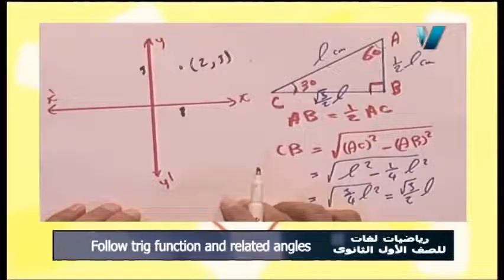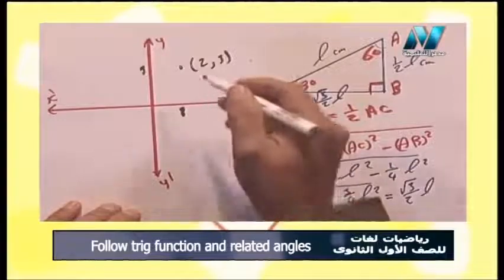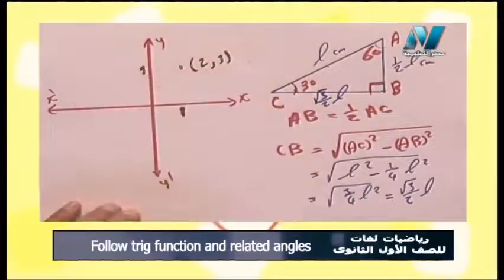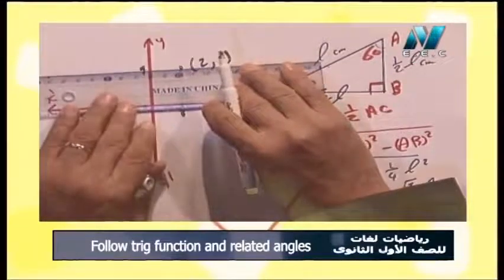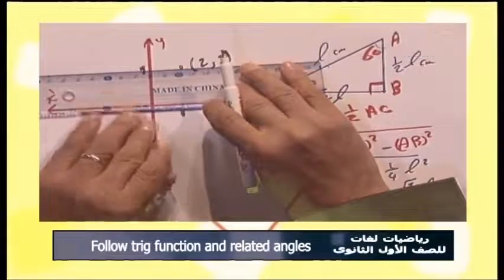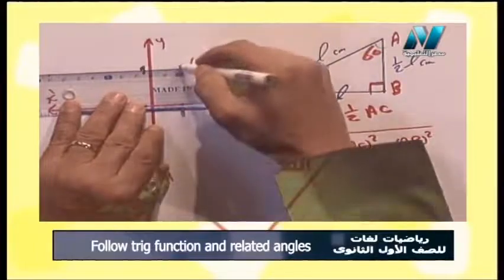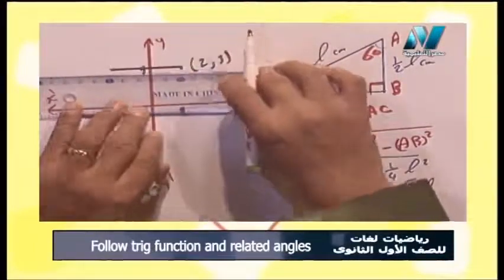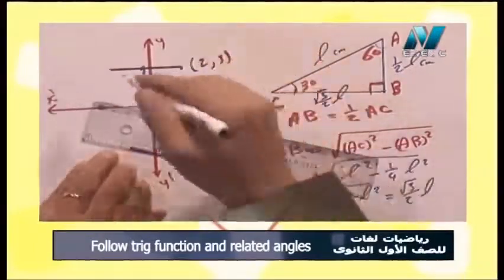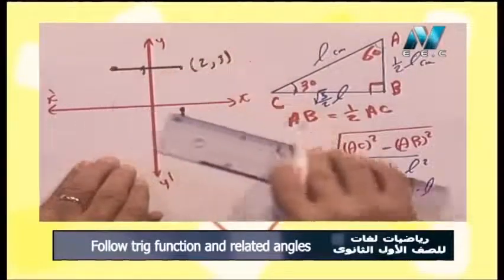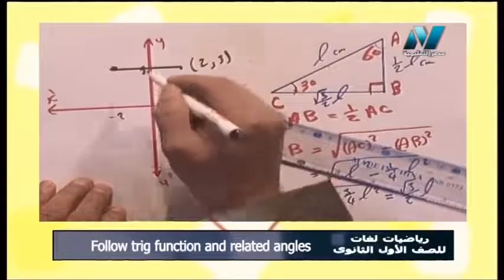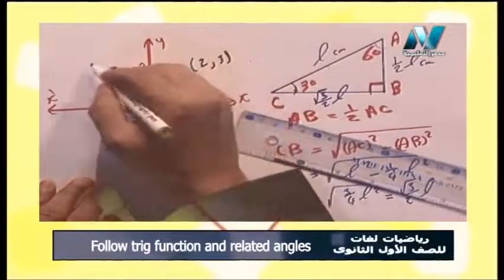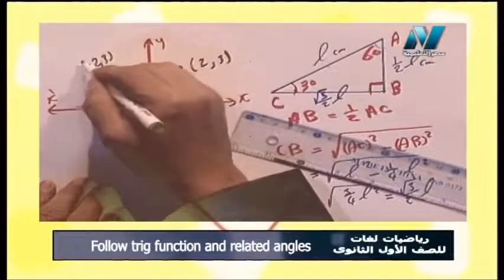What is its image by reflection in the y-axis? To reflect this point in the y-axis, we have to draw equal lengths, and the point will be approximately here, which is -2 and 3.